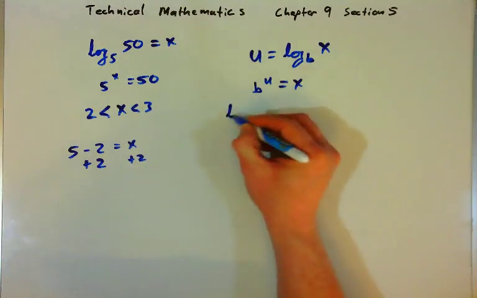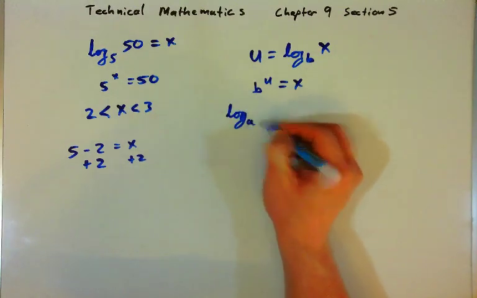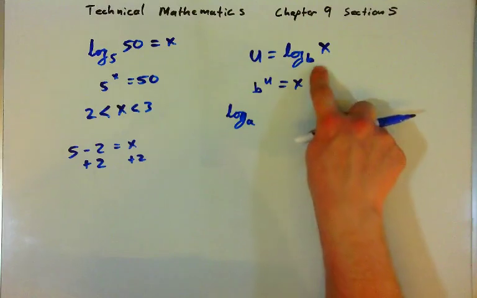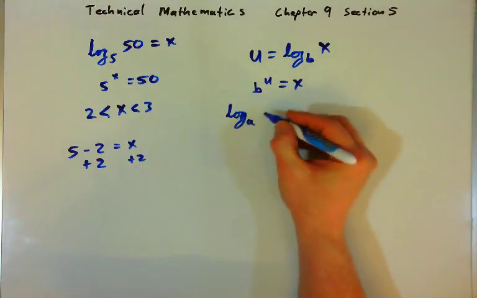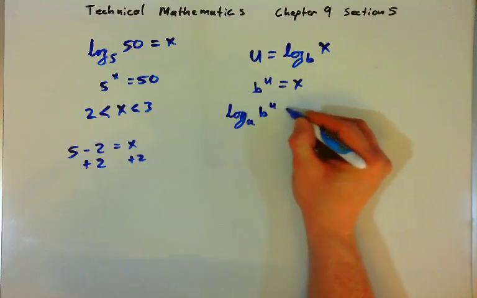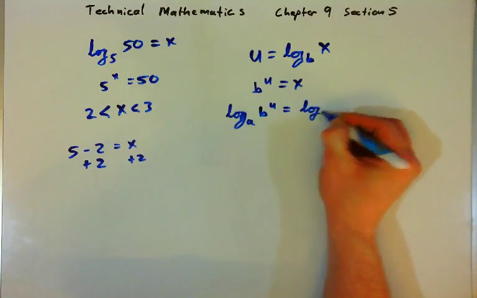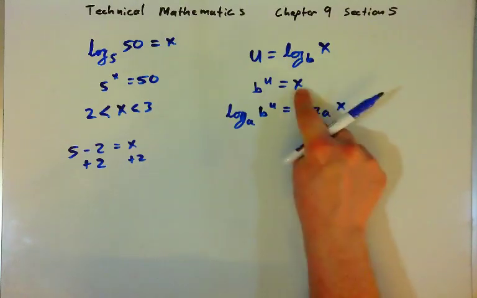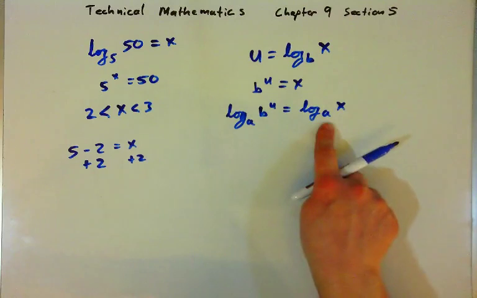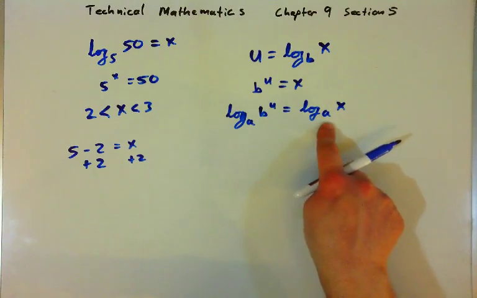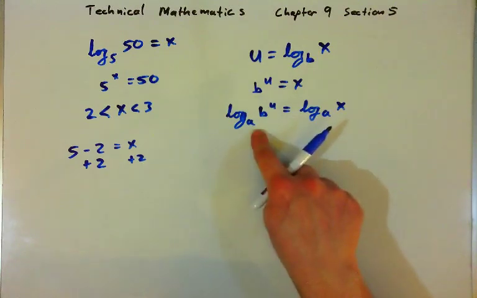So I can take the logarithm, let's say base a, okay, some new base, not b, but some new base. Log base a of b to the u power will be equal to log base a of x. Now a here is going to be a logarithm with a base that our calculator can handle, such as 10 or e.